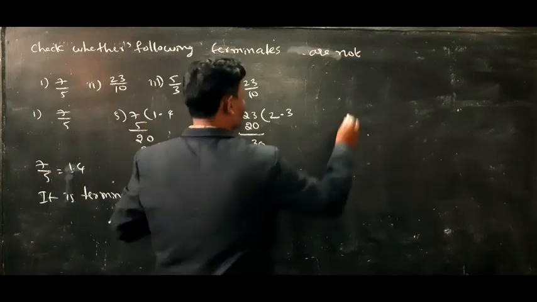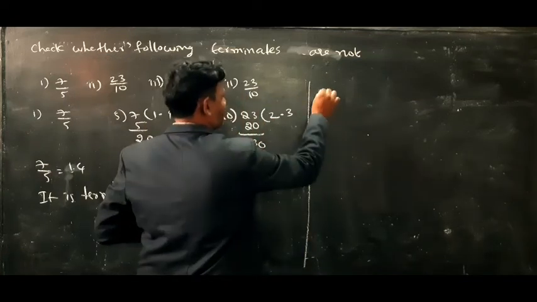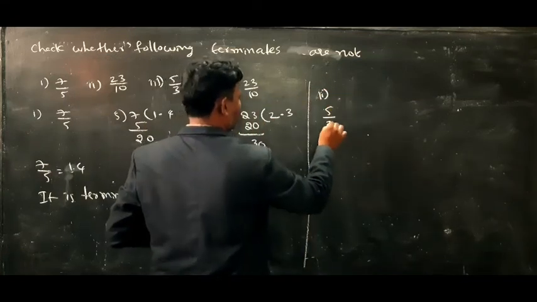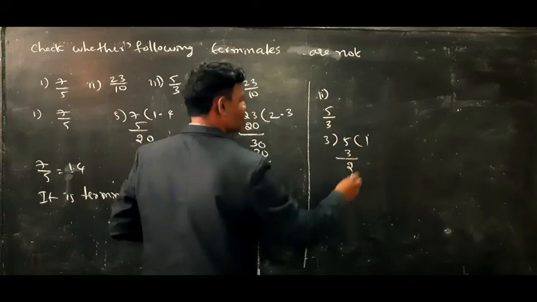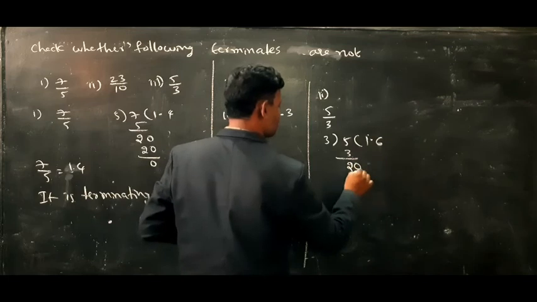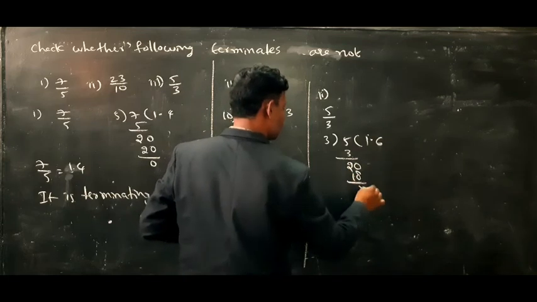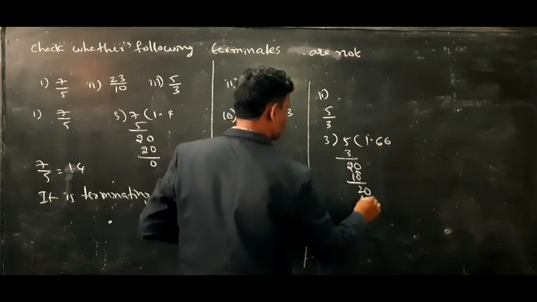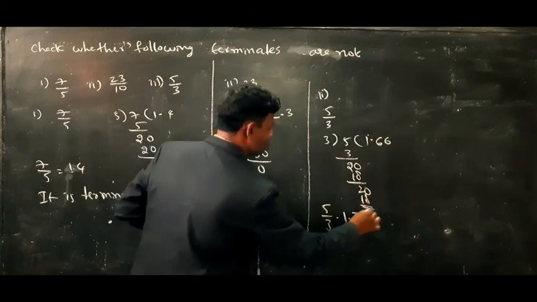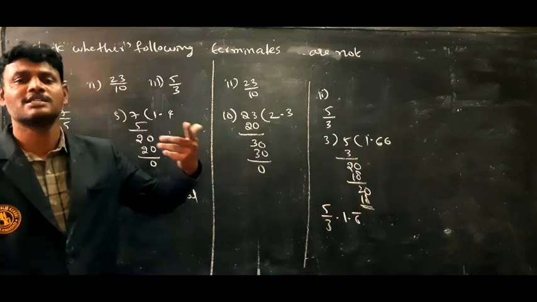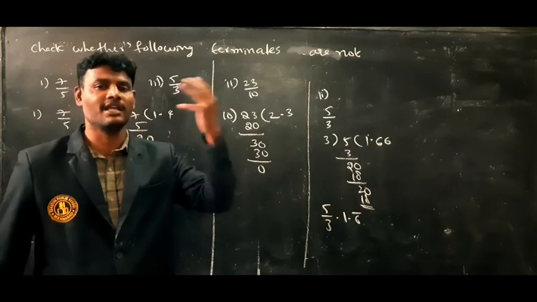What about the third one? 5 by 3. 3 ones are 3, remaining 2. Point 0. 3 6s are 18, remainder 2. Decimal there, 0. 3 6s are 18. So it is a non-terminating but repeating decimal. We can write it as 1.6 bar. Bar indicates the recurring number.